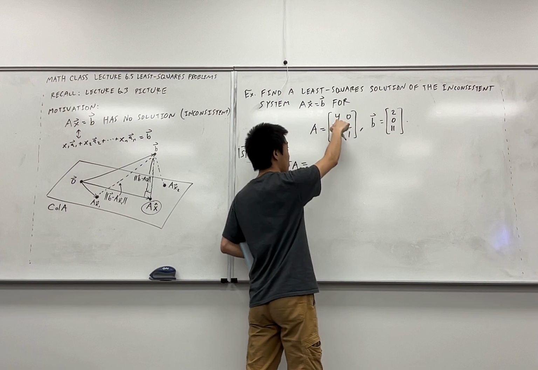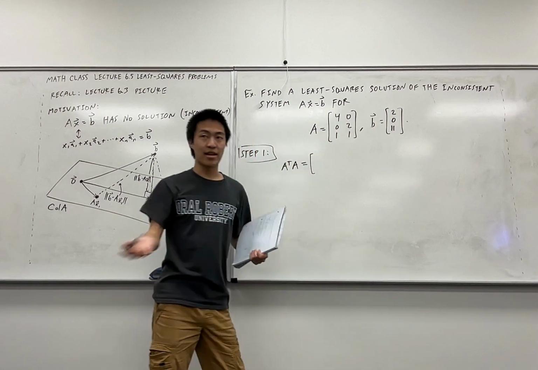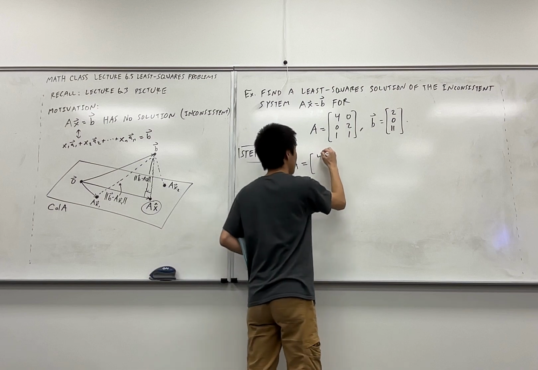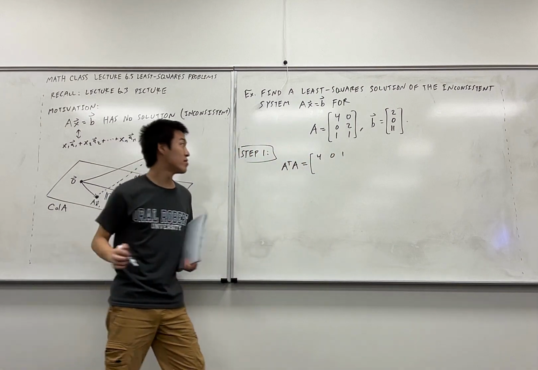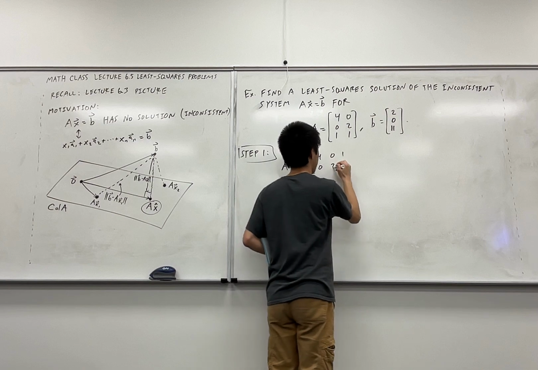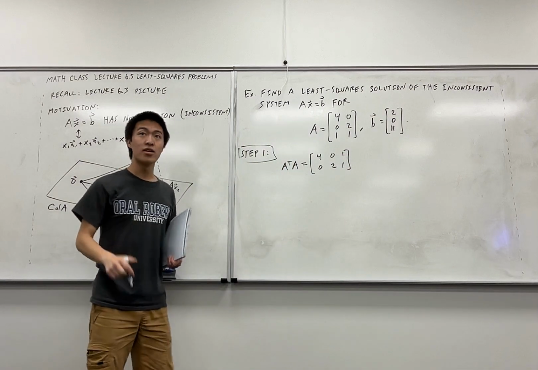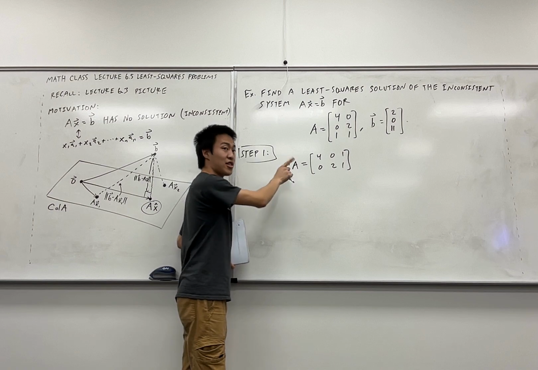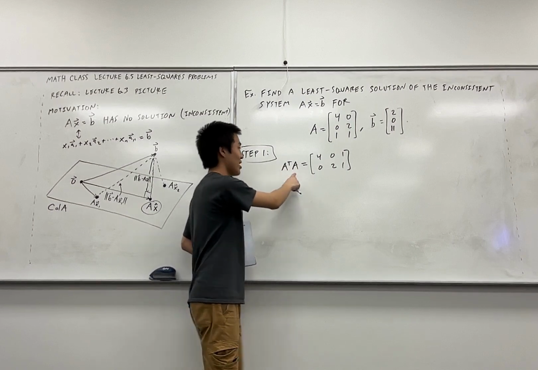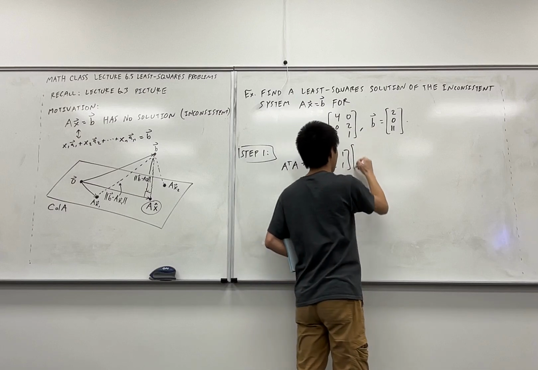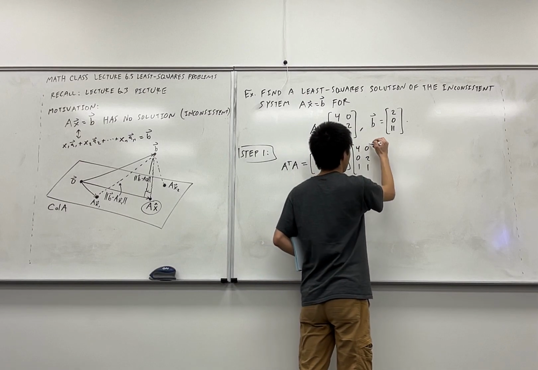So here's my first column, 4 0 1. Instead of writing it as a column, I'll write it as the first row. What's the second row? 0 2 1. Okay, so that's my A transpose. The order matters, by the way. Do not put it in the reverse order. So A transpose A. For A, I just copy and paste my A: 4 0 1, 0 2 1.